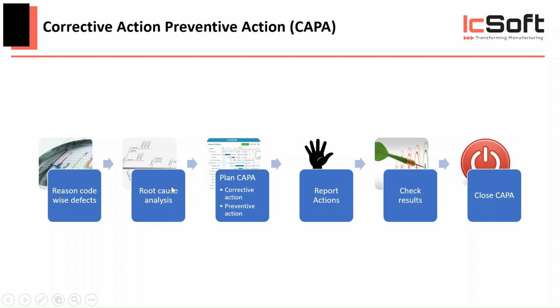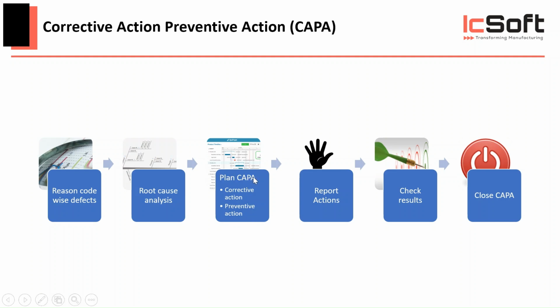And we arrive at the root cause. Once the root cause is identified, we plan certain actions. So we don't only stop at the analysis, we plan the actions, what corrective actions we can take to fix the defects which have already been injected, and what preventive actions we can take in order to avoid those defects in future.